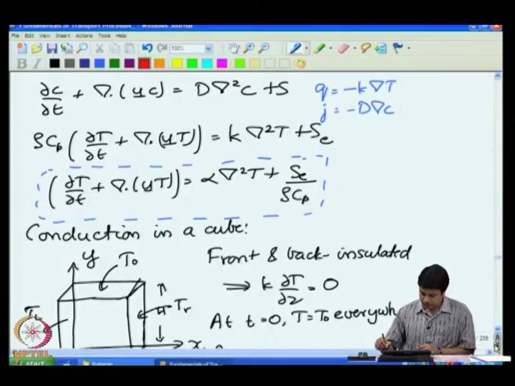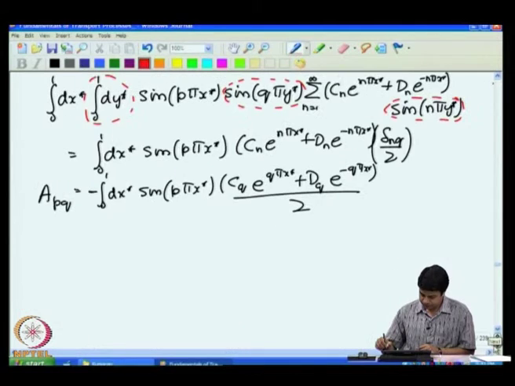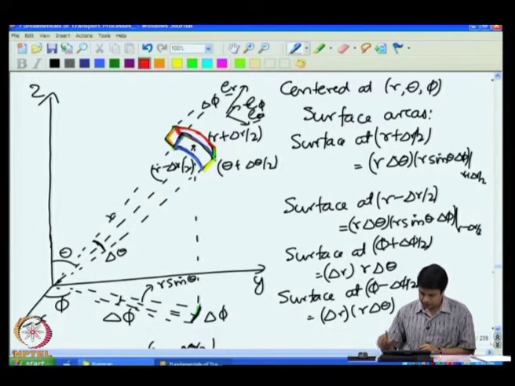And then we had gone ahead and done the same in a spherical coordinate system, using a shell of this kind: two surfaces at constant r, two surfaces at constant theta, and two surfaces at constant phi, where r is the distance from the origin, theta is the azimuthal angle, the angle made by the radius vector with the z axis, and phi is the meridional angle, the angle along the xy plane from the x axis of the projection of this radius vector onto the xy plane.